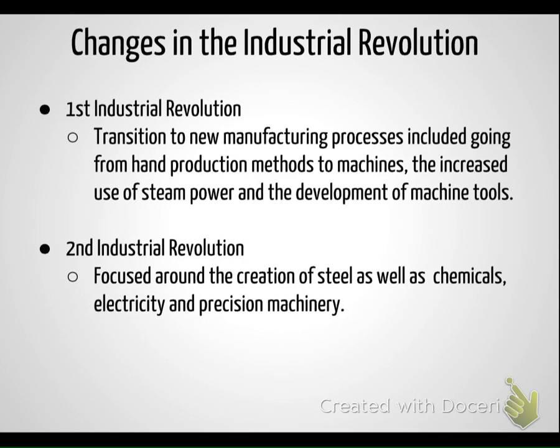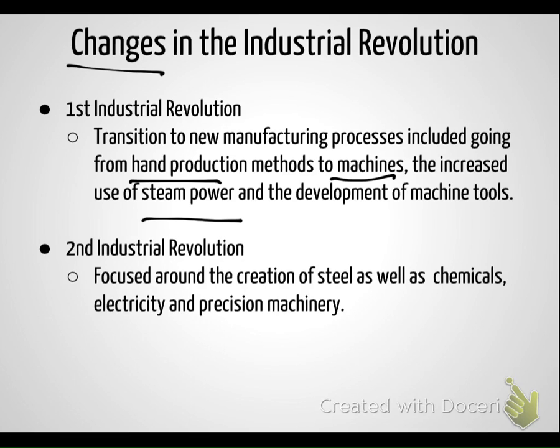Now, some other key changes would make an awesome essay. You guys would knock it out of the park. It would be the idea of the first and the second Industrial Revolution. The first Industrial Revolution comes first, and it is where we move from just hand production to machines, as we've been talking about. The Watt steam engine is huge here, so we start using steam.